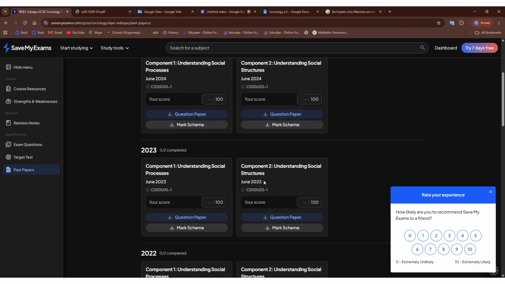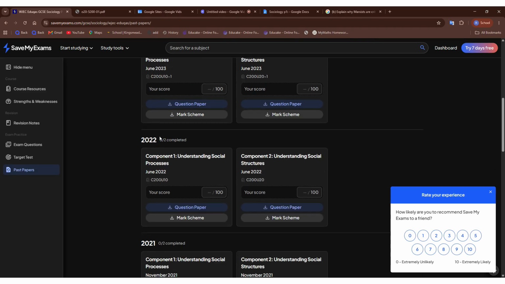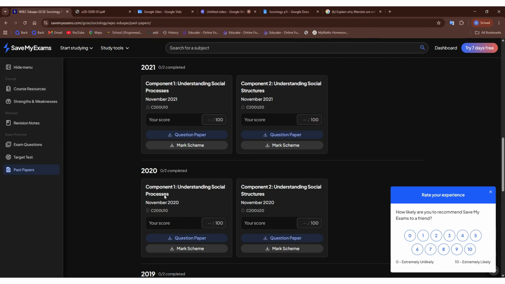I'm doing Sociology with Eduqas, the 2020 November paper, Component 1, Understanding Social Processes, out of 100. I've been getting AI to check over my answers, and so far we've got 100%, so hopefully that will be maintained.